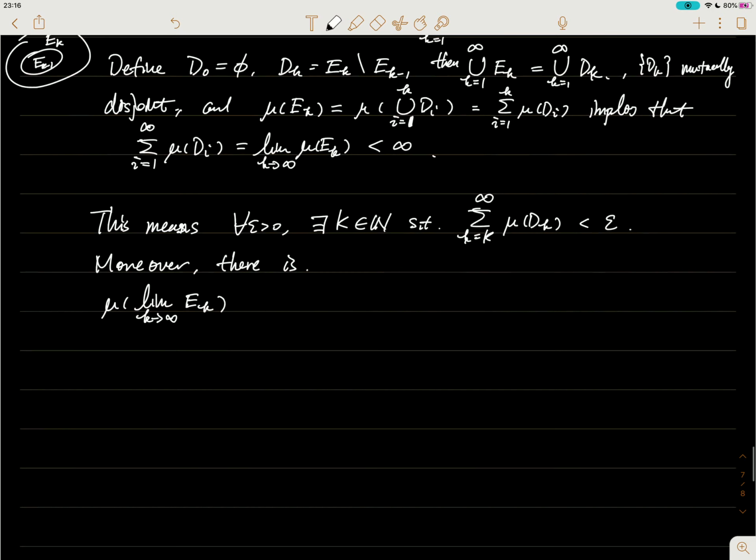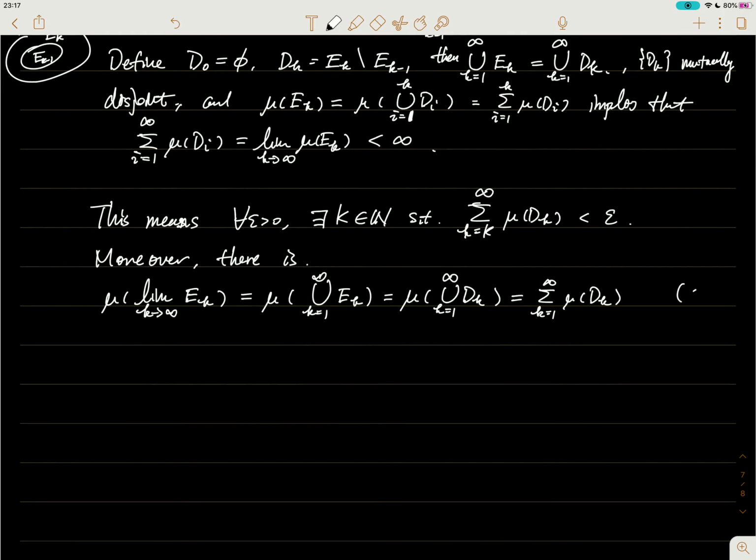So this is equal to, as we said, just a union of those Ek. And we showed that this union of the Ek is the same as the union of the Dk. And this is just equal to the sum of the measures of the Dk, because the Dk are measurable and mutually disjoint. So because of the countable additivity of the measure mu, we know this last equality holds. And this last one, as we showed, is a finite number.